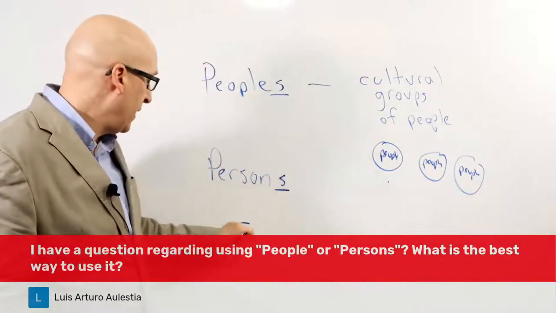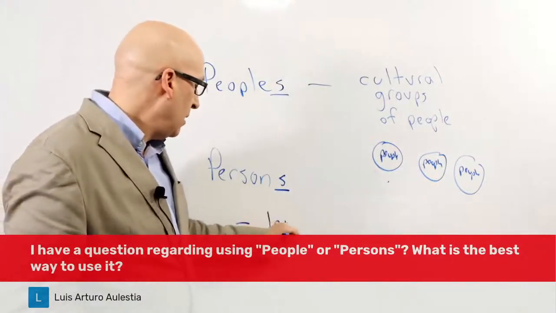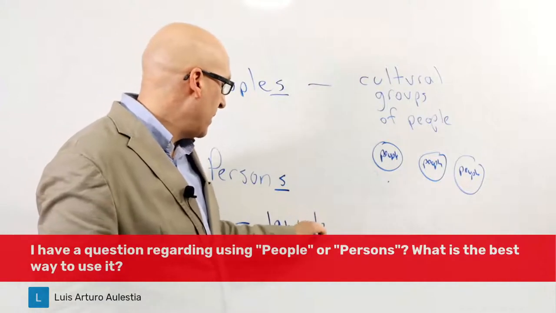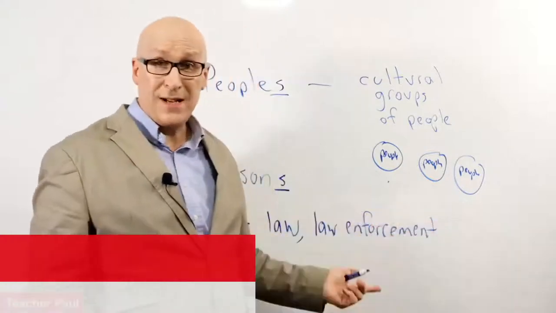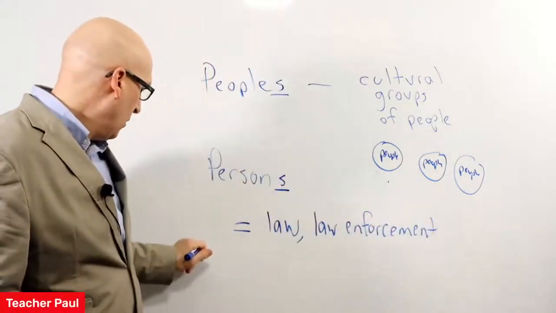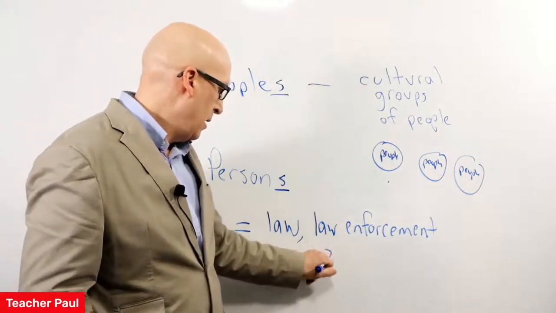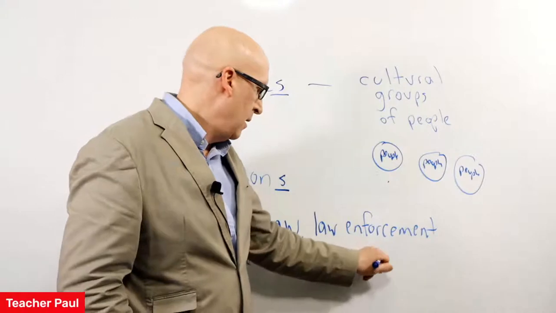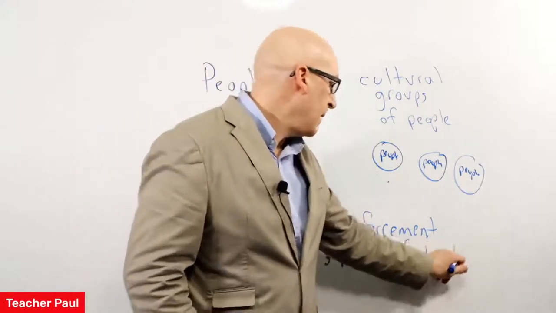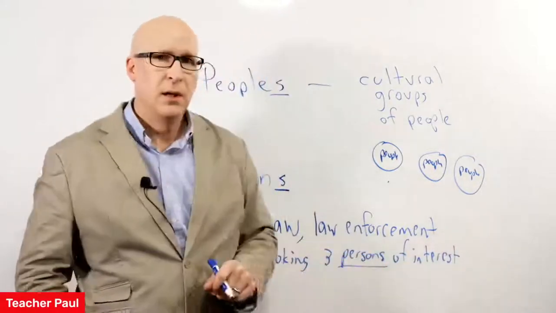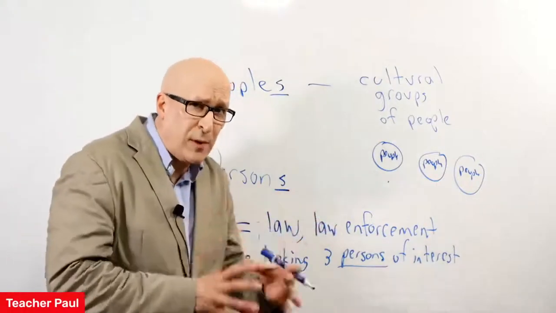Persons has a very unusual meaning. This is often used in law or law enforcement. So police, they often talk about, we are looking for 3 persons of interest. Okay? Now they're using the plural because this is not a group of 3 people.